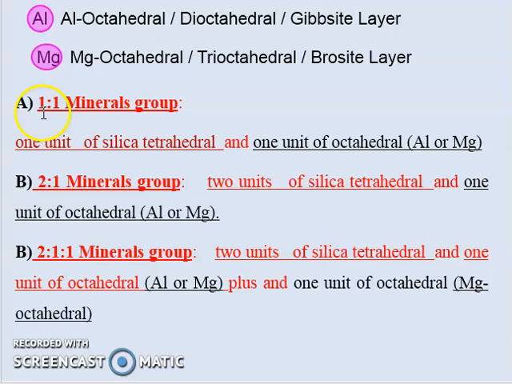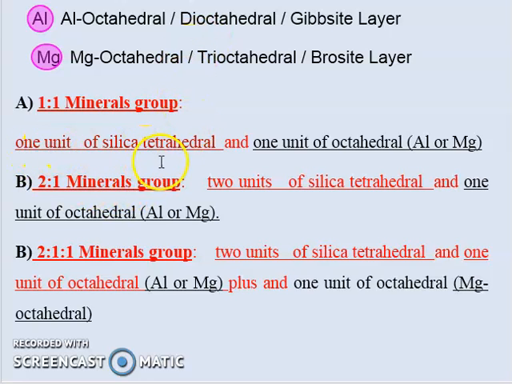The first is the 1,1 minerals group. In the 1,1 minerals group, there are usually 2 layers: a layer of tetrahedral and a layer of octahedral.